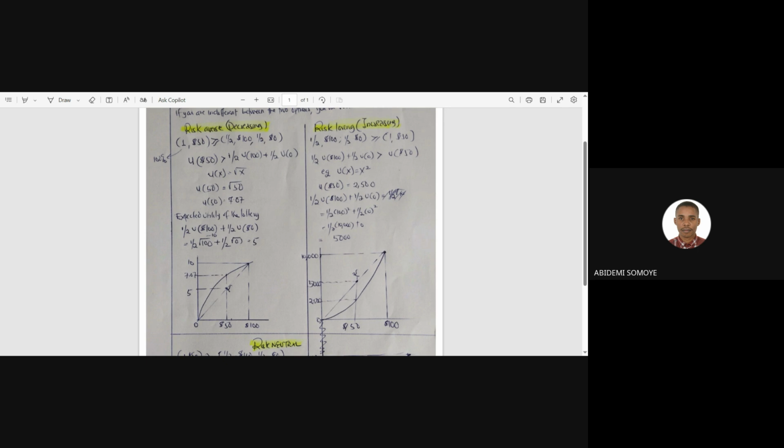Explain risk-loving the same way I explained risk-averse, but this time around, you should know that you would prefer to take the risk than taking $50.